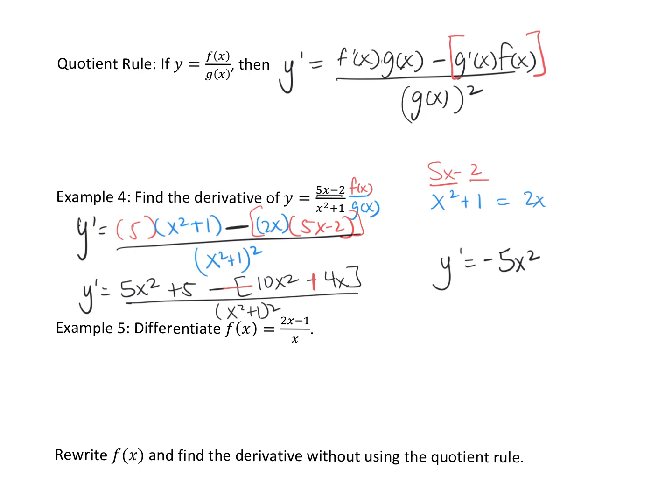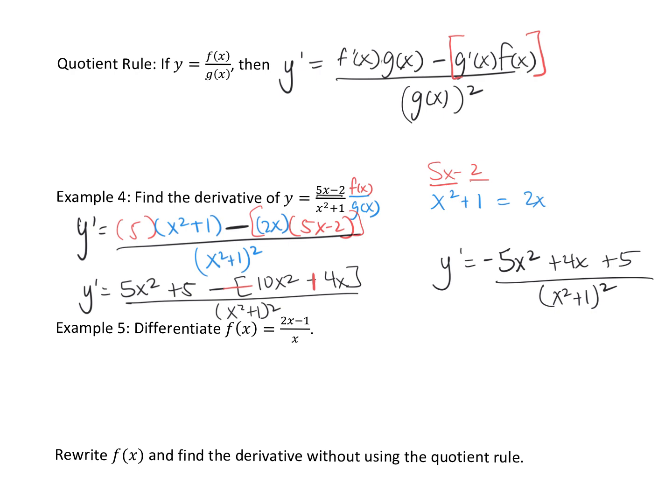Then I don't have an x attached to that 5, so this is going to be plus 4x plus 5, all over the quantity squared.